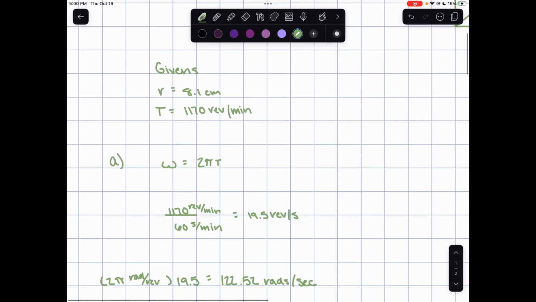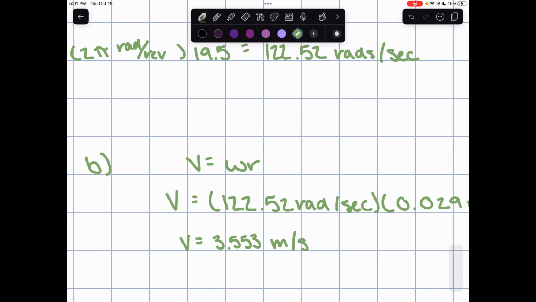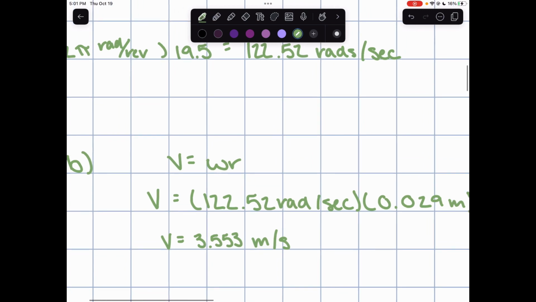So, for this problem, we're going to be converting from angular quantities to linear quantities. To find a speed, we know that v is equal to the angular speed times the radius. The angular speed we just found is 122.52 radians per second, times the radius of 2.9 centimeters.